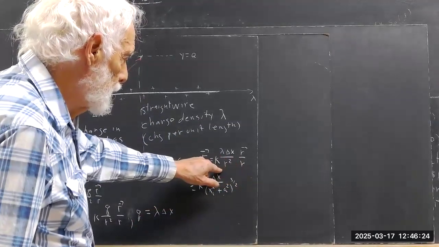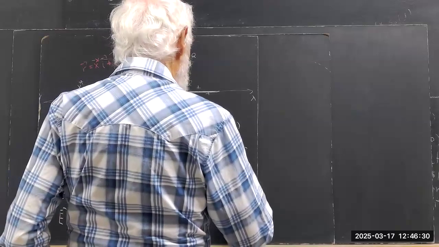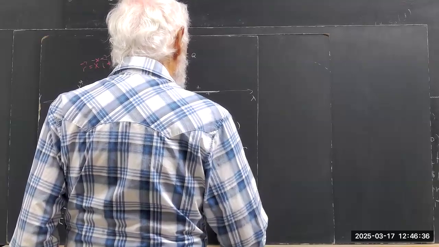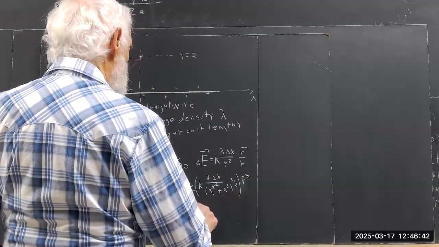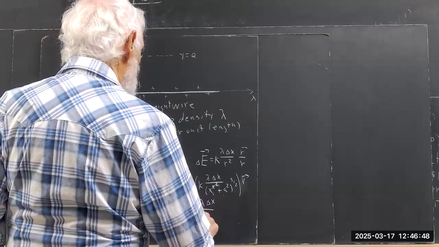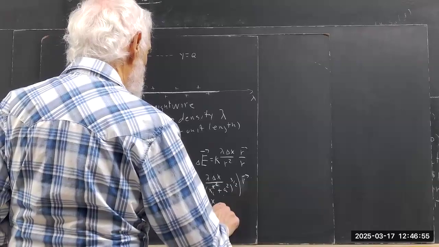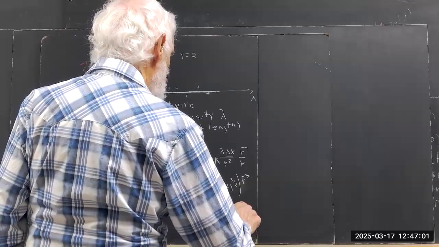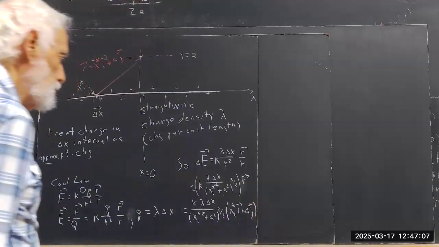And I'm going to put these two r's together, make that x star squared plus a squared to the 3/2, which is then going to be k lambda delta x over x star squared plus a squared to the 3/2 times x star i plus a j.